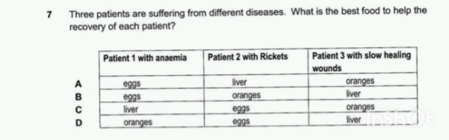So we need to identify the vitamins and the other nutrients which are needed for formation of strong bones to prevent rickets. So the foodstuffs which contain vitamin D and calcium are eggs, fish, and others.